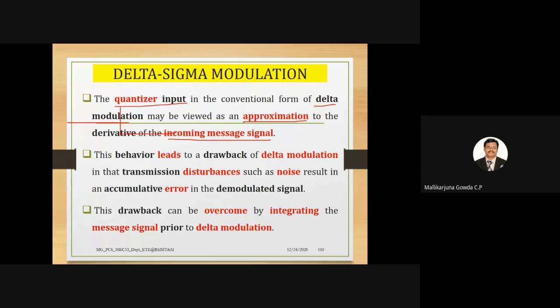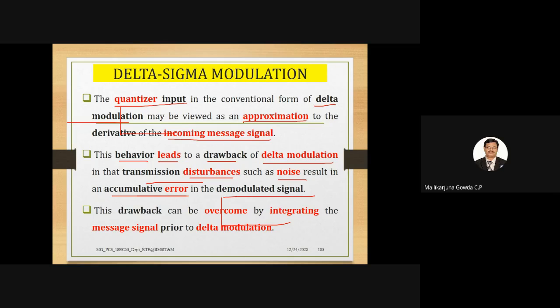Quantizer output, that is e_q(nTs), will be equal to the approximation to the derivative of the incoming message signal, that is d/dt of m(t). That behavior leads to the drawback of delta modulation: transmission disturbances like noise result in accumulative error in the demodulated signal.